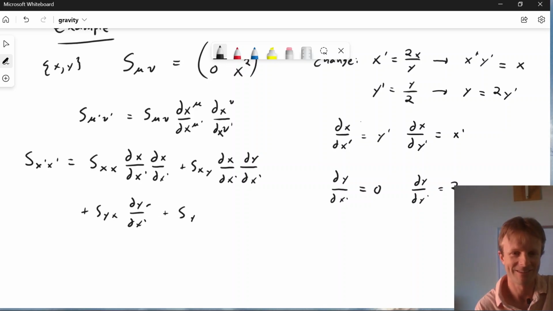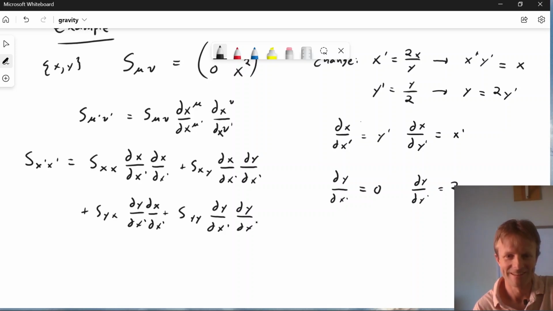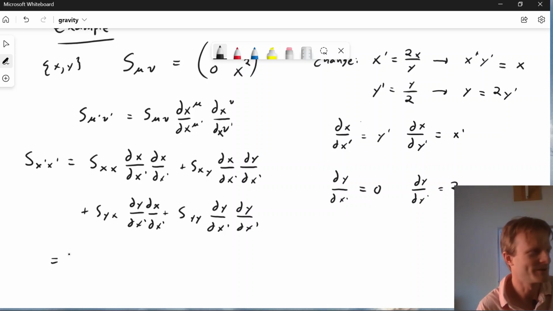I always forget the second one. And so you can tell how much actual calculation I do. This is lowered x, so this needs to be x. And everything in the bottom is x prime, because that's our lowered index. And then finally, Syy will be dy dx prime, dy dx prime.